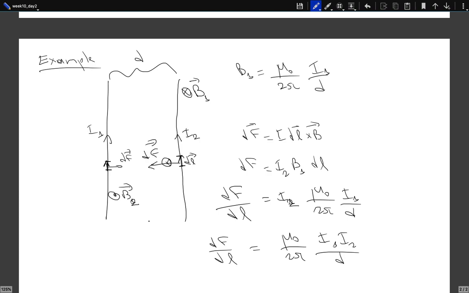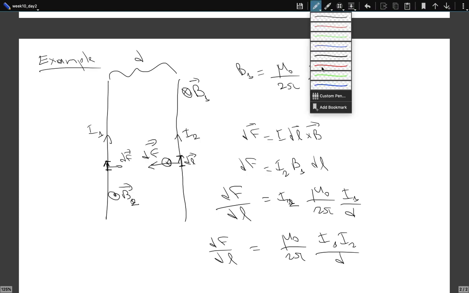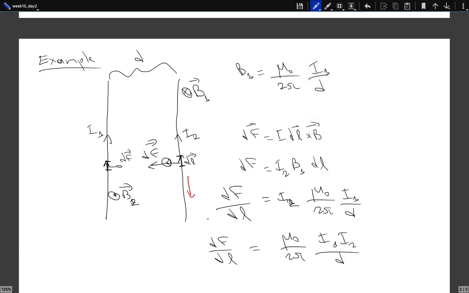Well, if this current is, let's say, moving downward, it wasn't moving upward, but moving downward, then it will create a magnetic field into the screen. And the corresponding force, dl cross B, will be outward, so they will push each other. So in a sense, if you have identical currents, they are attracting each other. If you have opposite currents, they will repel each other.